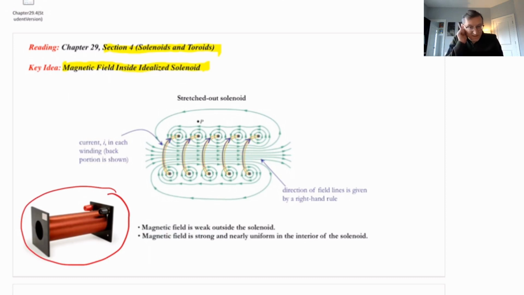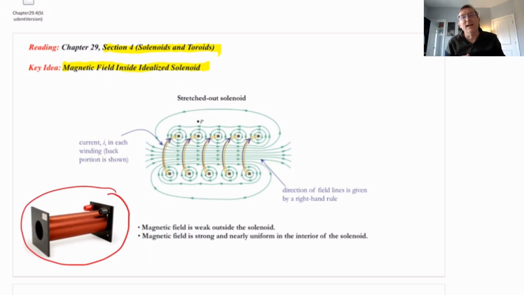All it is is a cylindrical frame that's usually considerably longer than it is wide, and they've taken conducting wire and very tightly packed the windings of the wire around and around from one end to the other. Then we hook it up to a battery or a power supply and run current through that wire, making magnetic field. This device is called a solenoid.